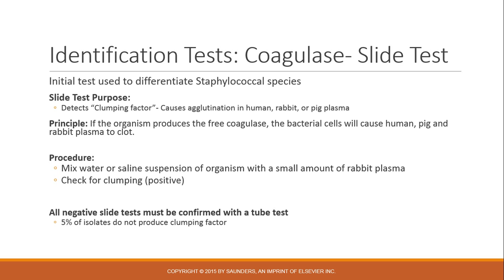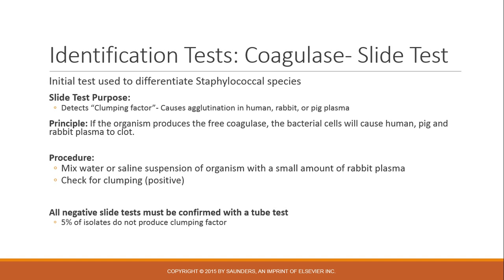This is talking about the slide test. There are two methods: a slide test and a tube test. All right? The slide test detects this clumping factor. So if the organism has this clumping factor, it's going to clot or clump plasma from human blood, or human, rabbit, or pig plasma. All right?